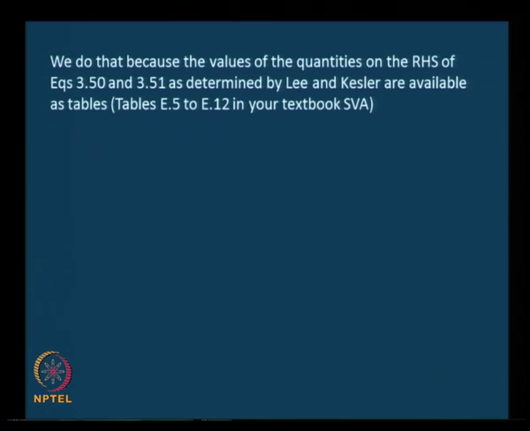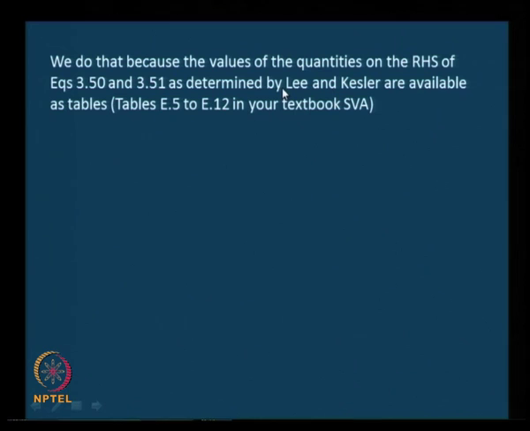In order to use these values, we have formulated our quantities in terms of the available values. These were determined by Lee and Kessler. These are available as tables in the appendix E5 to E12 in your textbook of Smith, Van Ness and Abbott.